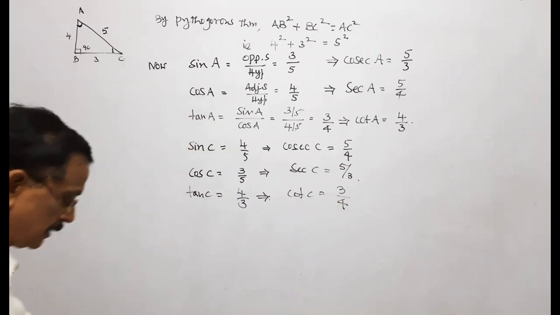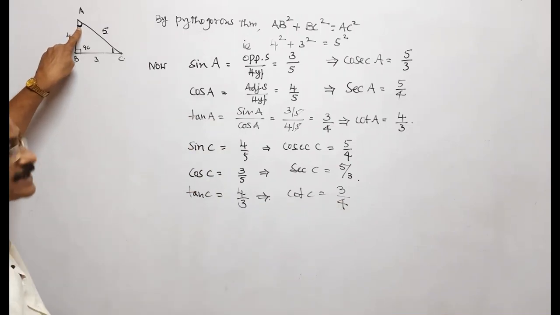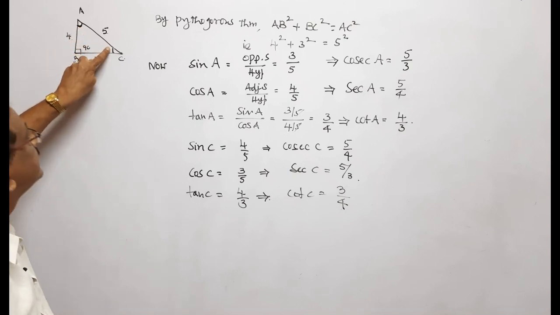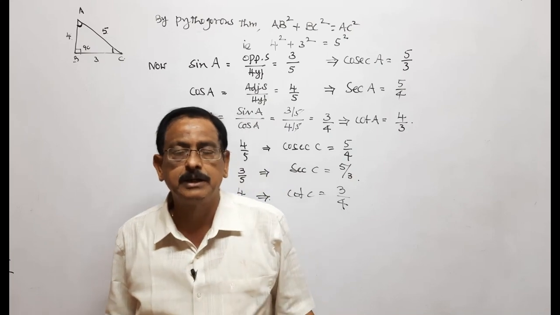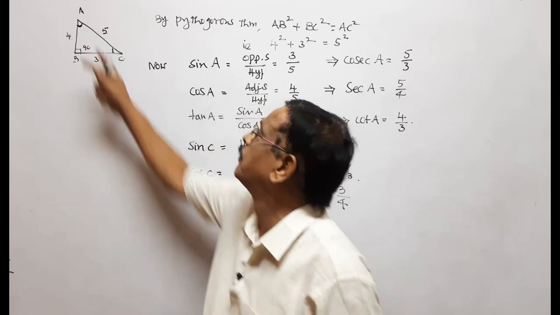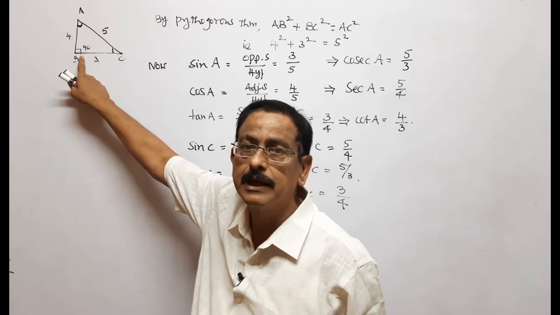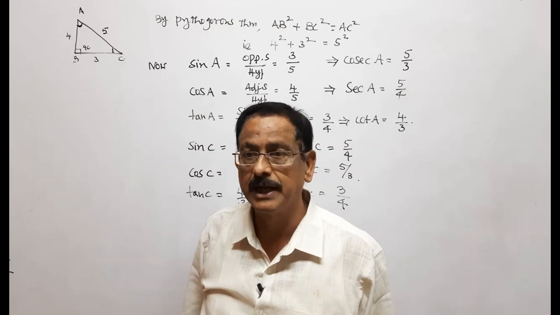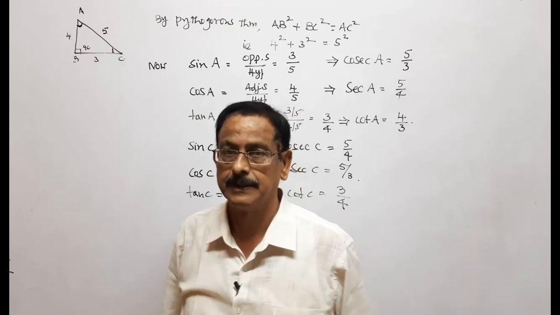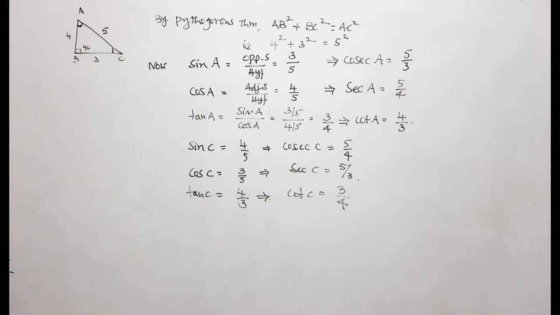So, in any right-angled triangle, if this is an angle theta and this is an angle alpha, I can evaluate all the six trigonometric ratios for both the angles, because the third angle is 90. And can we define sin 90, cos 90, tan 90? Yes. But later on I will show what is tan 90, sin 90 and cos 90.